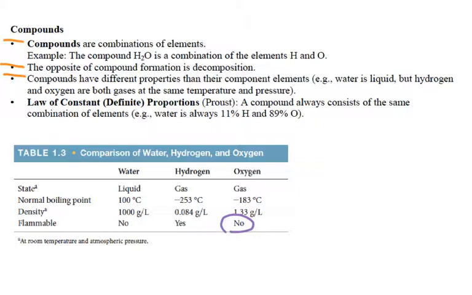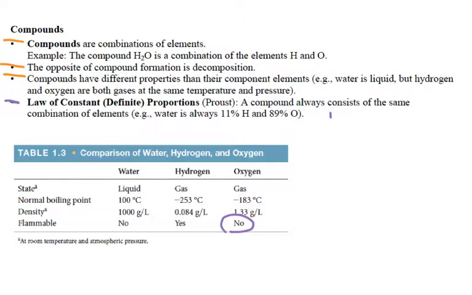And then we've got a little bit about the law of definite proportions, developed by a guy named Proust. It just says that a compound always consists of the same combination of elements, such as water is always 11% hydrogen, 89% oxygen.